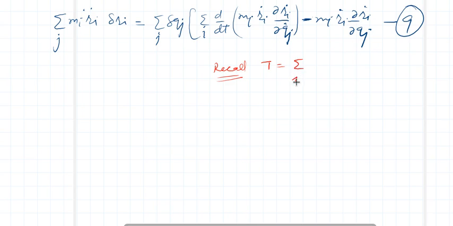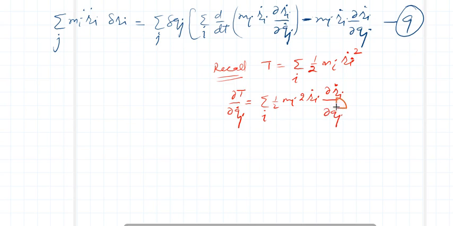T is equal to the summation over i of 1/2 mi Ṙi squared. Therefore ∂T/∂q̇j can be written as the summation over i of 1/2 mi times 2 Ṙi times ∂Ṙi/∂q̇j, or simply the summation over i of mi Ṙi · ∂Ṙi/∂q̇j.